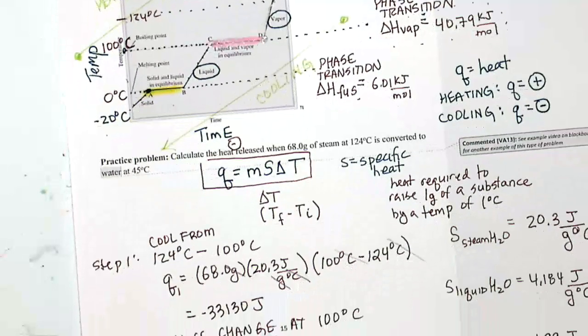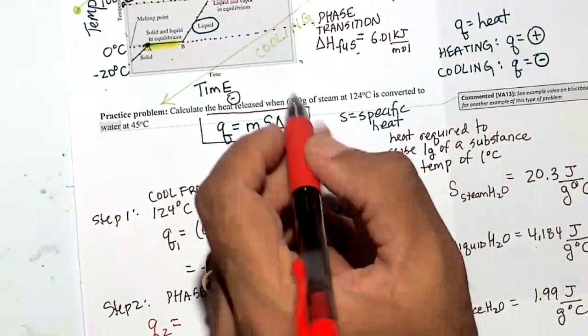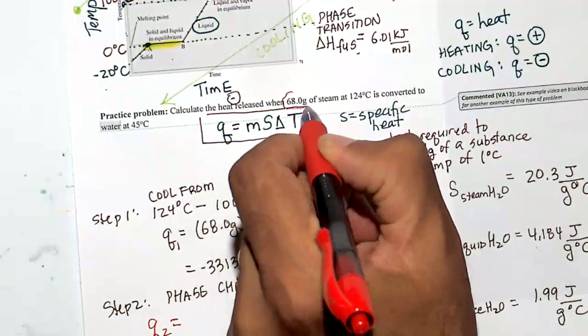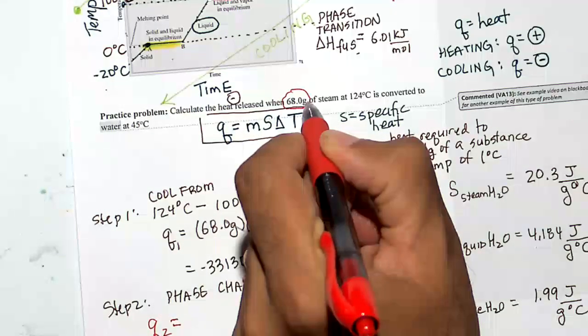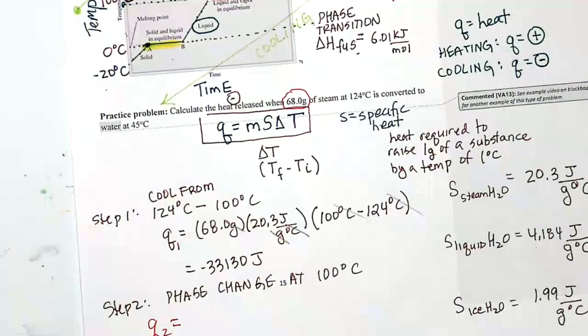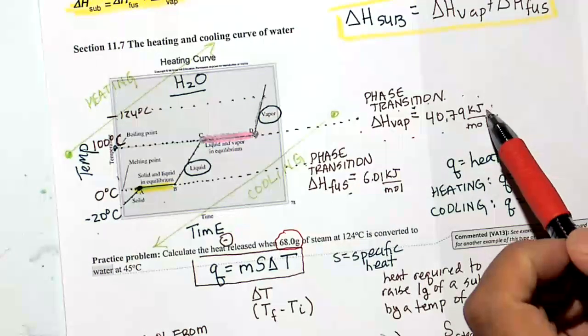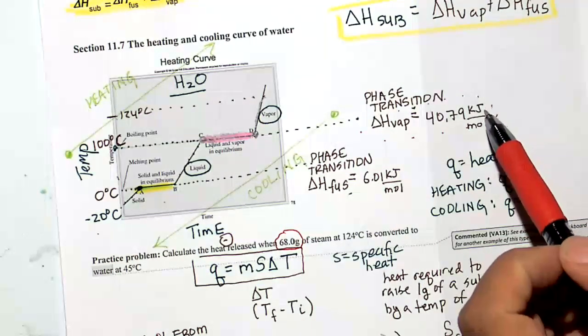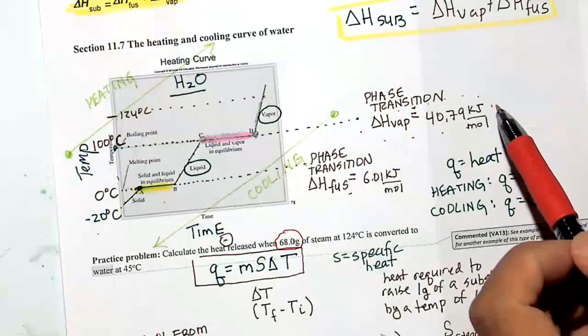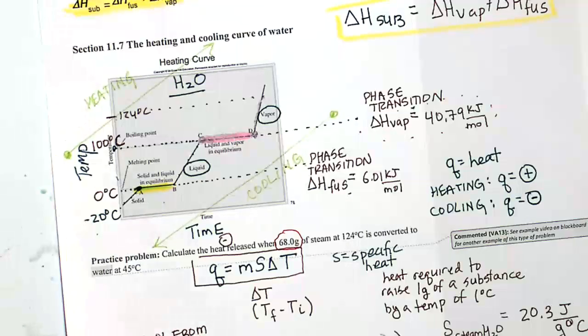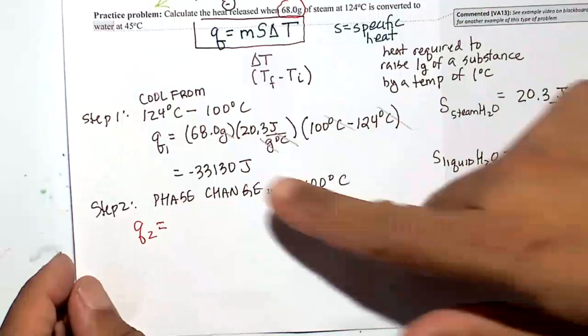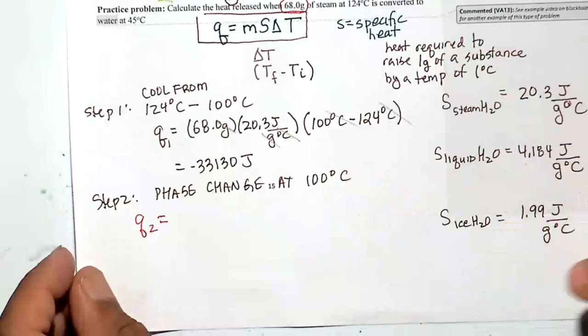That's for 1 mole. But how many grams do we have? 68. So we need to convert this water to moles, and then get the energy required to overcome the phase change in our cooling. So 124 to 100.